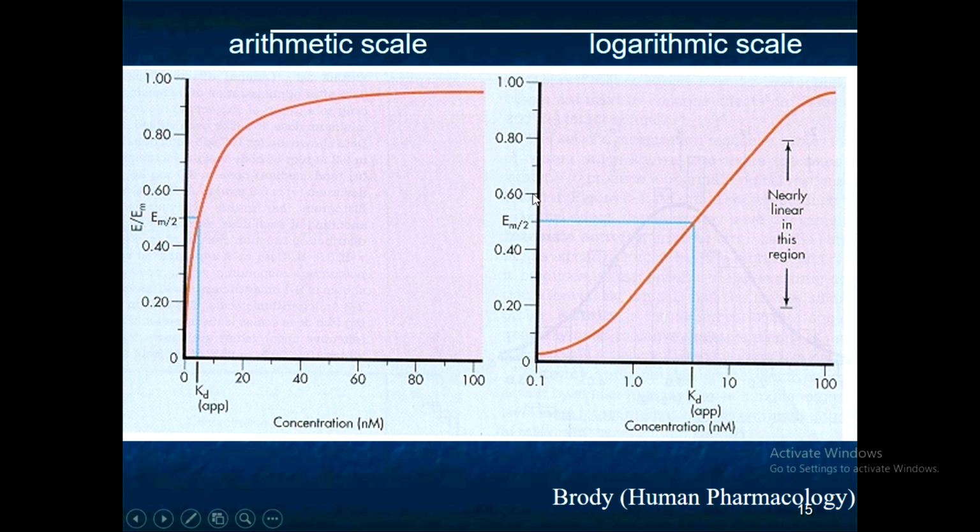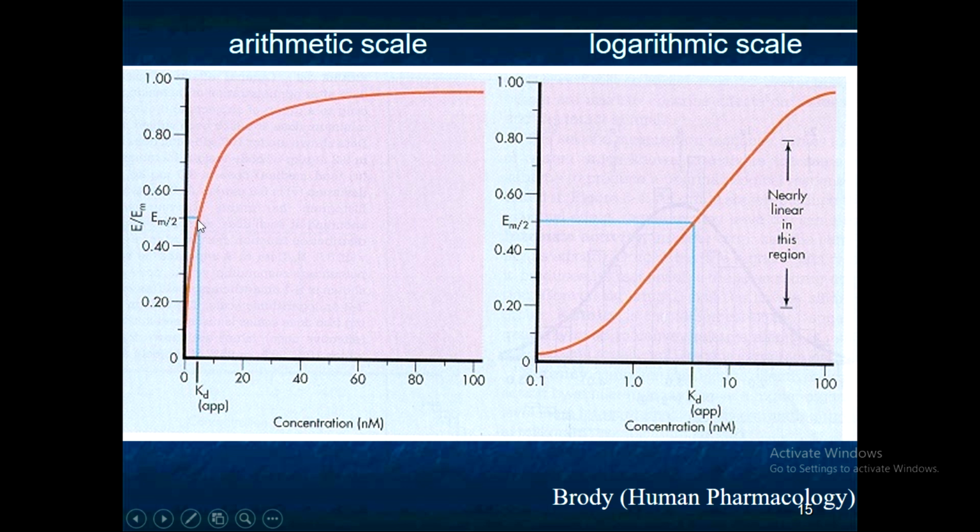Or if you have a value there, you can use this same graph to analyze whatever is going to happen here. You get it? So proportionate doses occur at regular intervals. It means that from here to here, if the lengths are the same, then the dose difference between this and this will be the same as the dose difference between this and that. But that is not seen in the arithmetic scale.